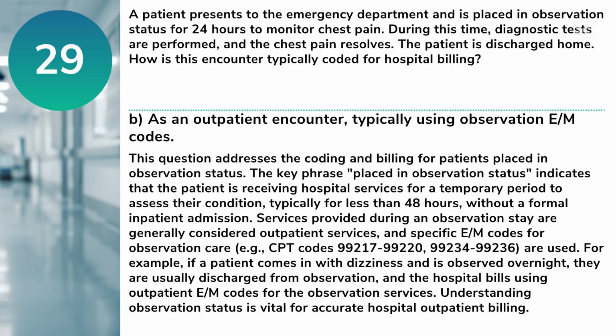Services provided during an observation stay are generally considered outpatient services, and specific E/M codes for observation care, e.g., CPT codes 99217 to 99220, 99234 to 99236, are used. For example, if a patient comes in with dizziness and is observed overnight, they are usually discharged from observation, and the hospital bills using outpatient E/M codes for the observation services. Understanding observation status is vital for accurate hospital outpatient billing.